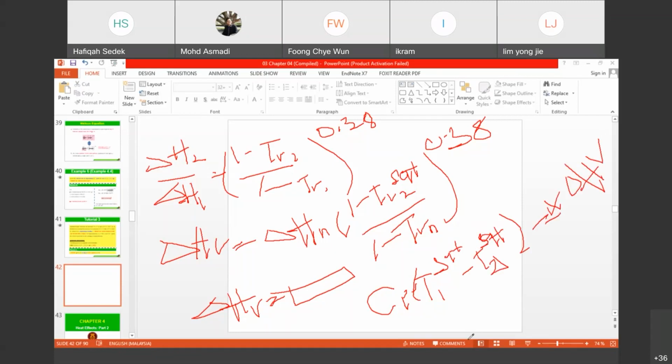Just substitute and you can get the value of X. So this is the step, and you can get the answer.